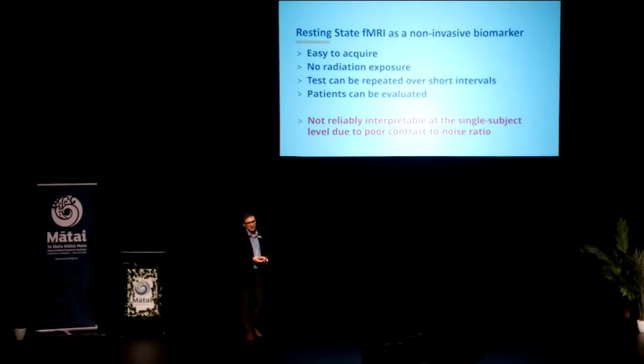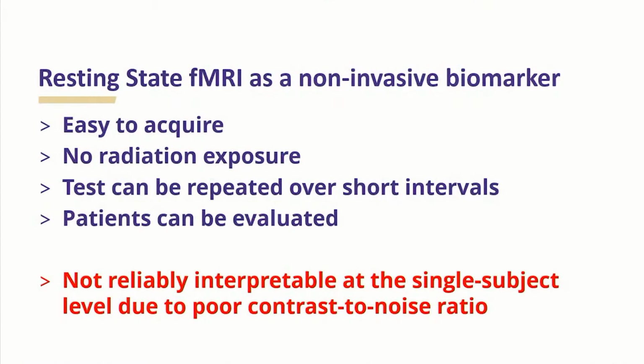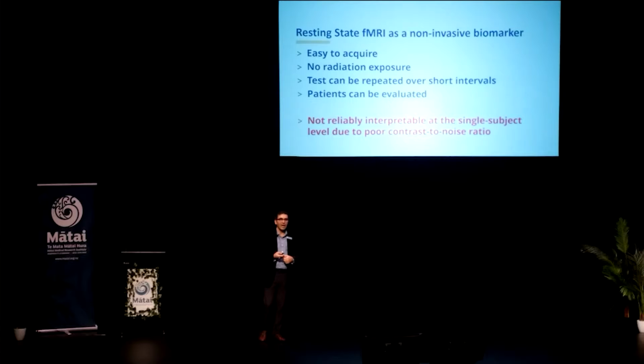The problem is that currently, the maps that we are getting are not reliably interpretable at the single subject level. And the reason is that the data that we are getting is very noisy and doesn't have a good contrast-to-noise ratio. Because of that, when we combine the data from many subjects, it's very useful.